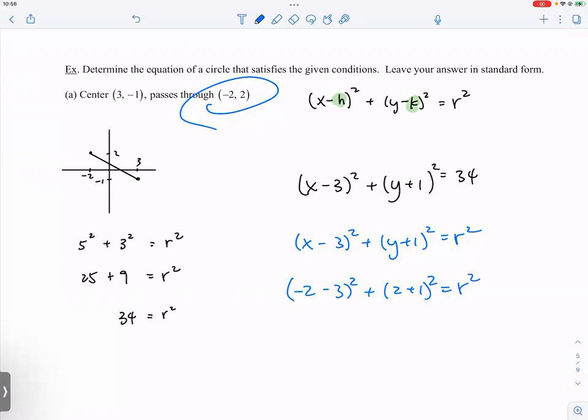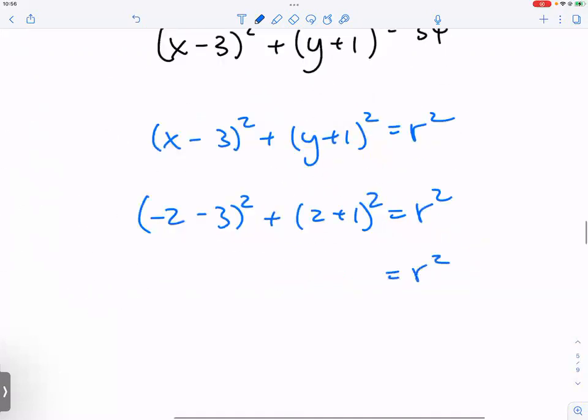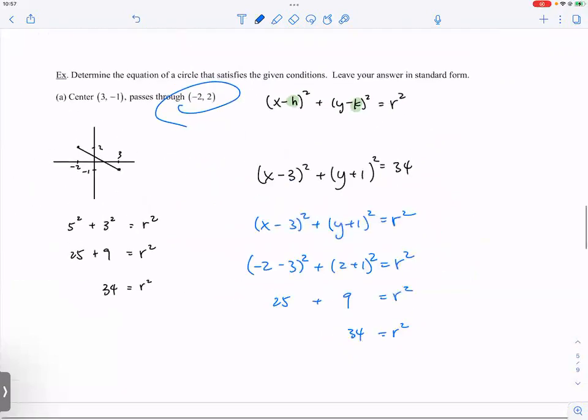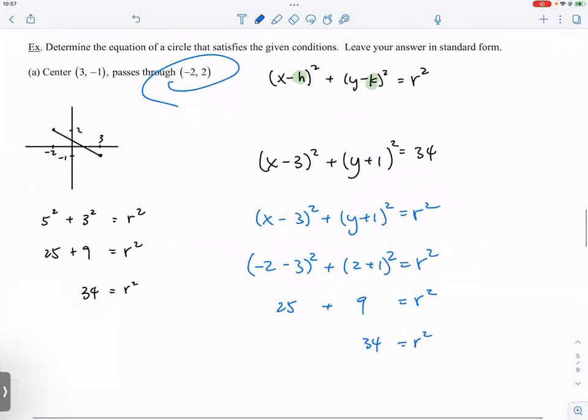And you only have r squared on the right-hand side, and you just go ahead and solve for it. What's r squared? Oh, it's -5 squared, which is 25, plus 3 squared, 9. So you got the same number, 34. So that is the other way to find out r squared, by simply substituting the point into the equation. Make sure you are aware of these two ways of doing the math.